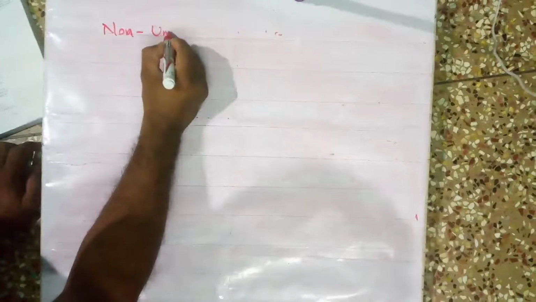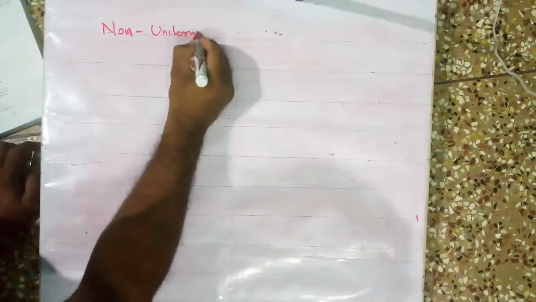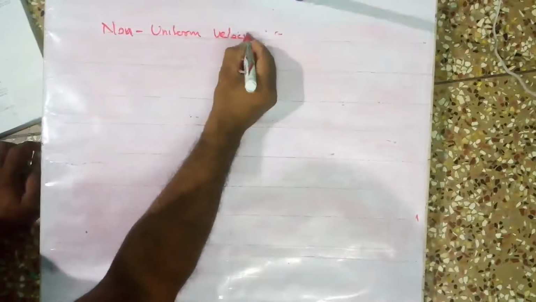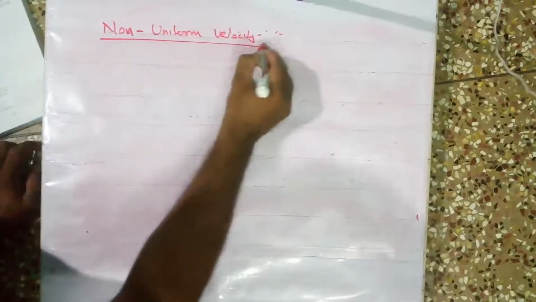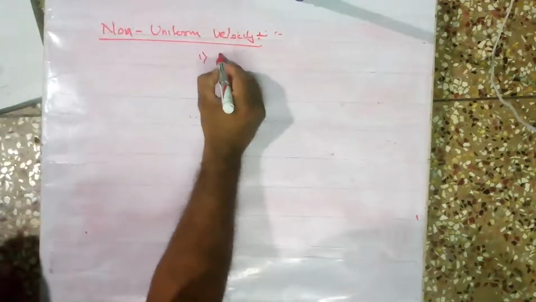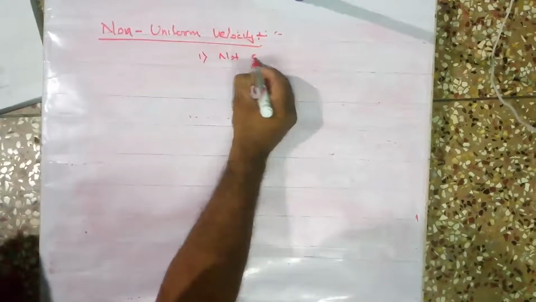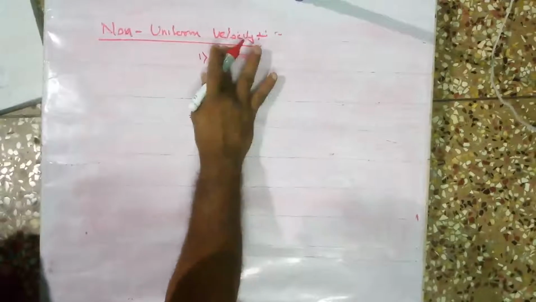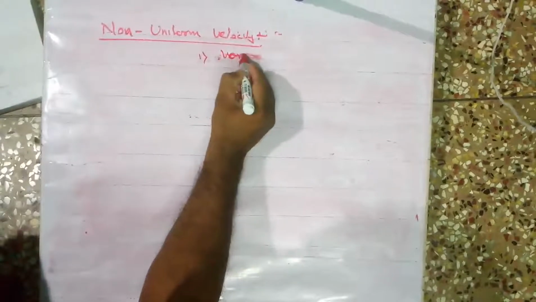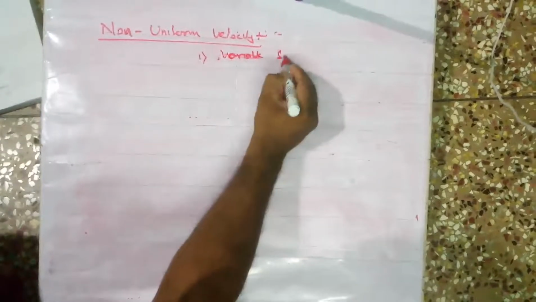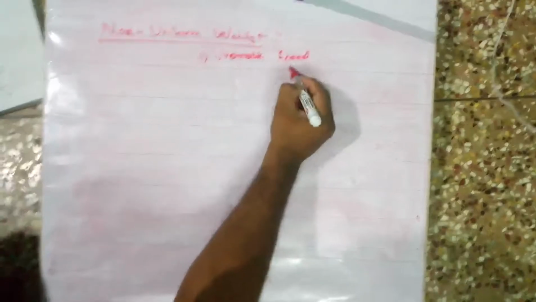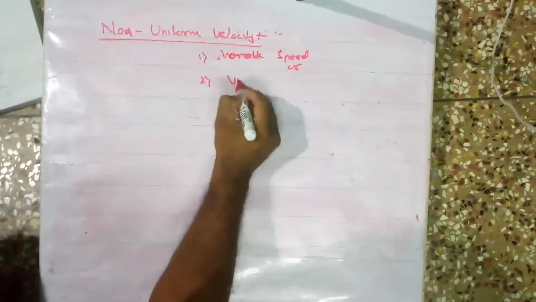Non-uniform velocity. I said non-uniform velocity: a body is not in constant speed or not in a particular direction. So non-uniform velocity, when will it become not constant speed, or variable speed, or variable direction.